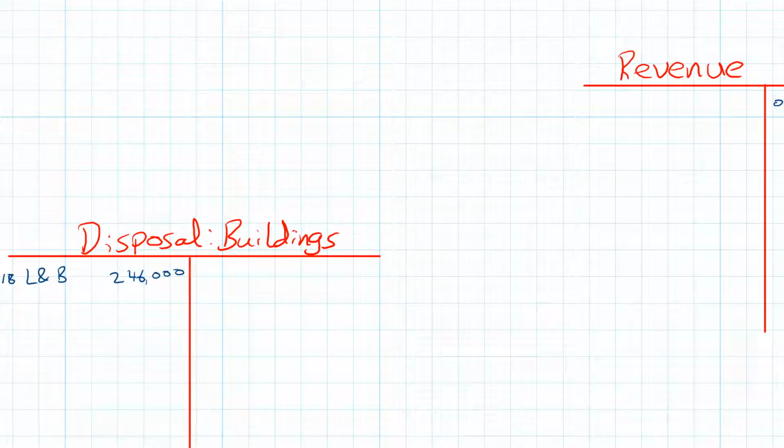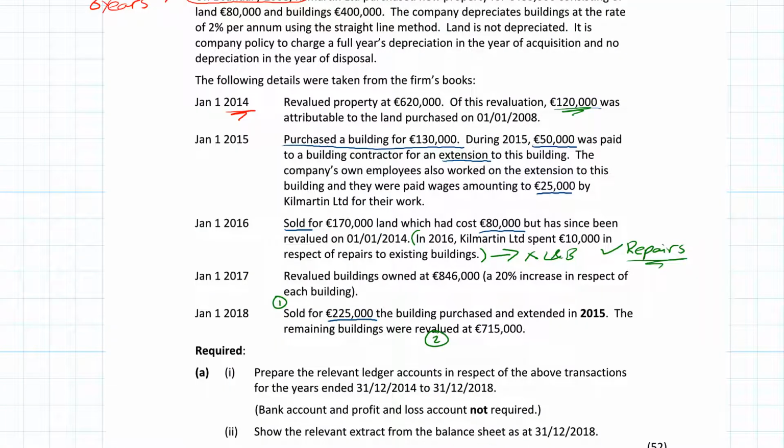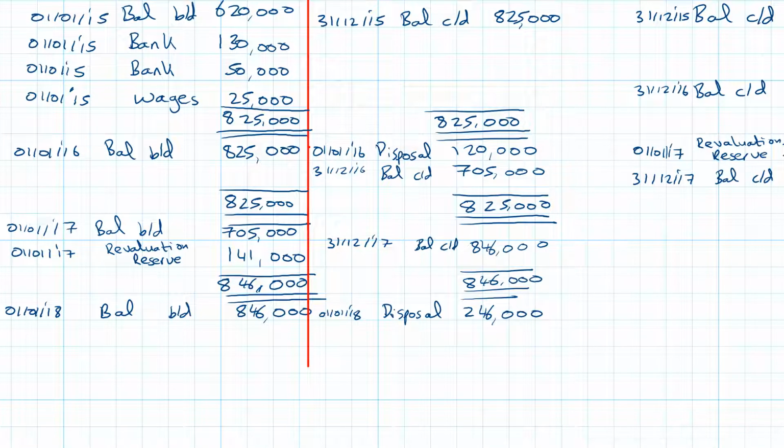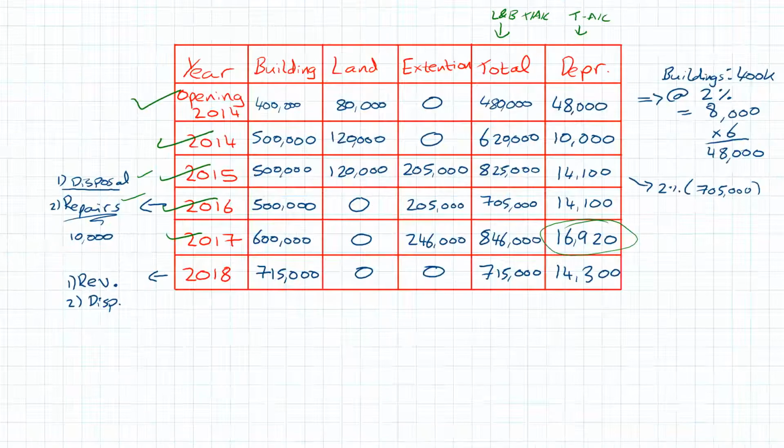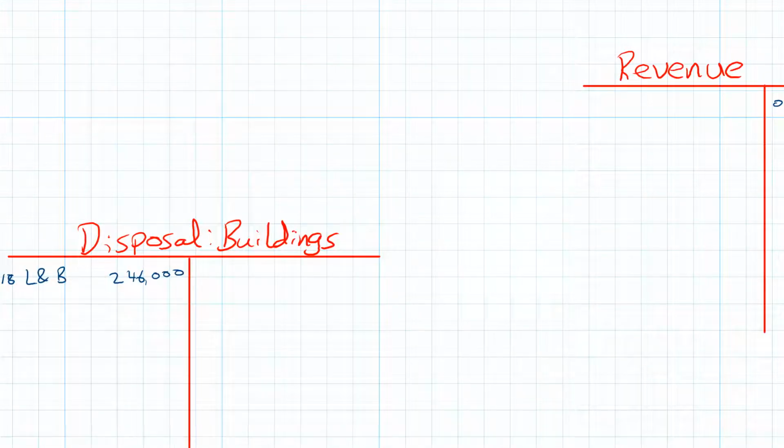How much did we receive for it? Sold for 225. So we sold for 225,000, coming from our bank at the start of the year.